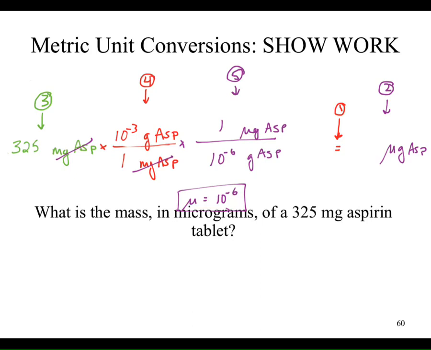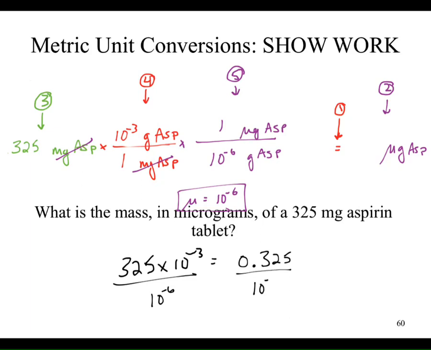actual numeric answer was. The process of doing that: take everything on top, multiply it out, so we get 25 times 10 to the minus 3. My calculator spits out an answer saying that is 0.0325. Okay. And then I will divide by 1 times 10 to the minus 6, which is 10 to the minus 6 here.